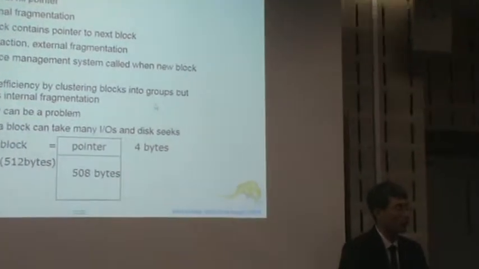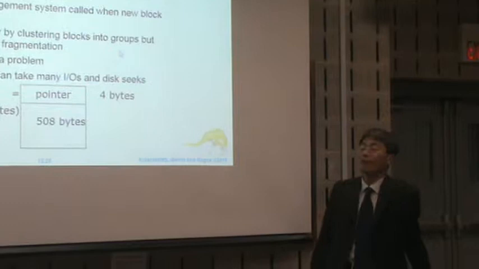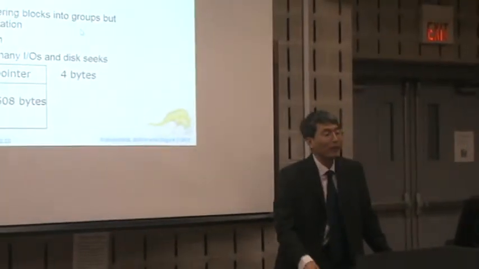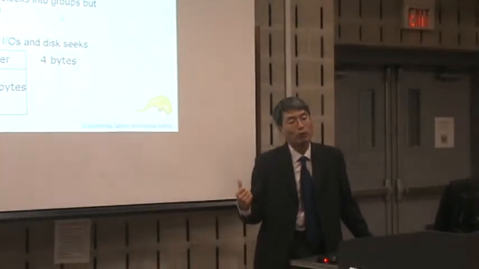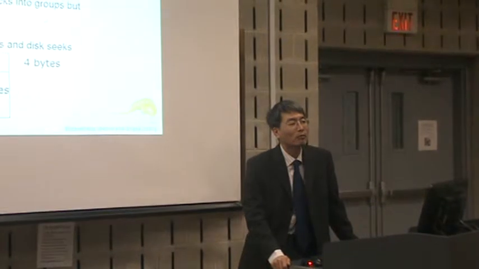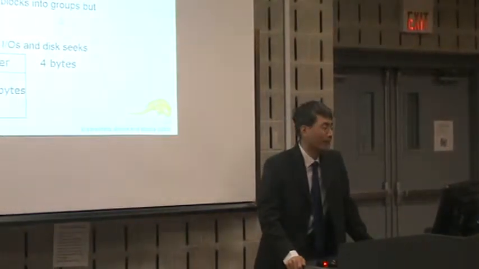We can avoid it. Also, because there is no external fragmentation, we don't have to worry about compaction. Compaction means, if you have used Windows 95 or Windows ME, the disk defragmentation you did from time to time.